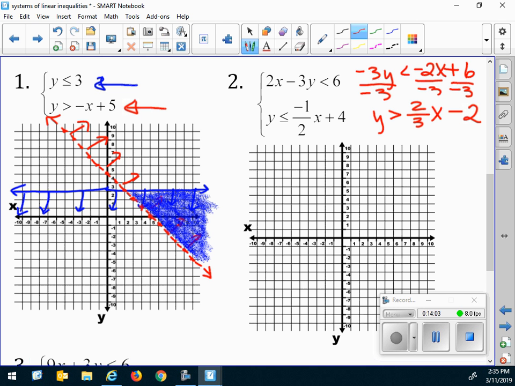All right, y-intercept. Negative 2. Slope. How do you slope 2/3? Up 2, right 3. Good. Up 2, right 3. Up 2, right 3.